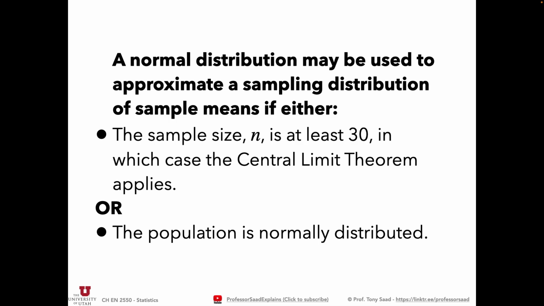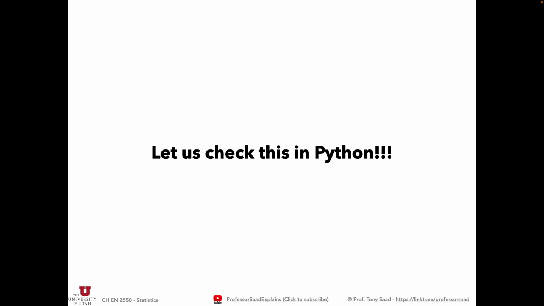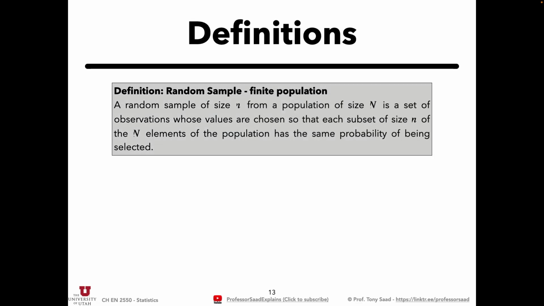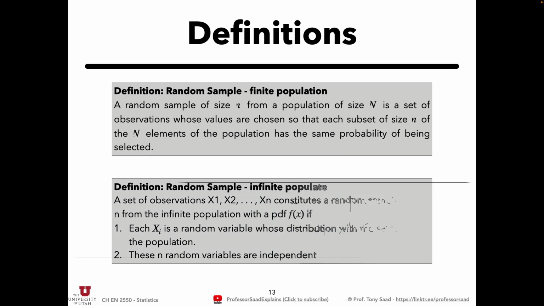A true random sample will have the same, that was in one of our definitions. If you go back to one of our definitions here: random samples have the same probability of being selected, and each random variable has the same PDF as the population. So if the population is a normal distribution, then your sample means are also going to be normally distributed. By definition, no need for n.